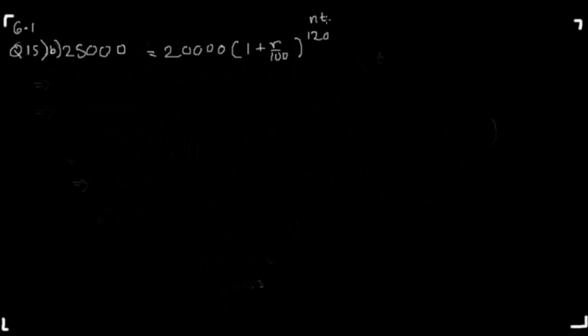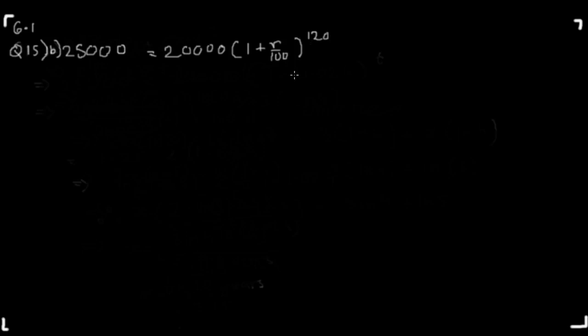The question says it's going to be accrued monthly, basically added every month, and in a year there are 12 months. So n is just 12. But to make this equal, we have to multiply by 10, so it's 120.